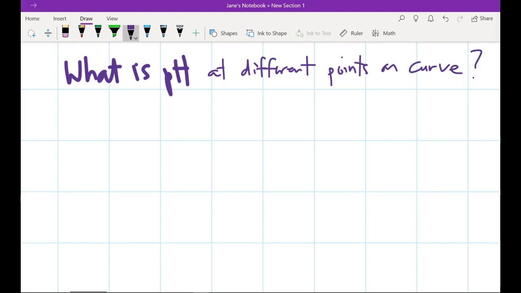So if you're trying to figure out what kinds of chemical reactions you're going to have to memorize for the test, there are 2 or 3 specific ones that you're going to need to know how to figure out, in the context of this question: what is pH at different points on the titration curve?